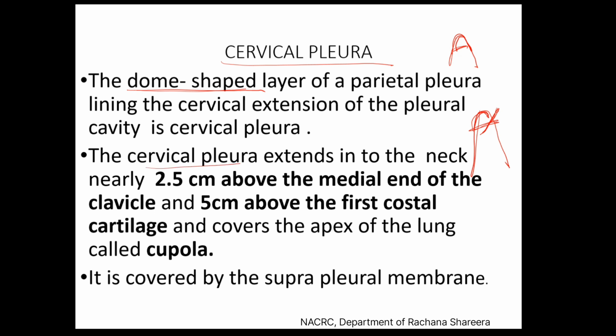The cervical pleura extends into the neck nearly 2.5 cm to the medial end of the clavicle and 5 cm above the first costal cartilage. It covers the apex of the lung. The apex of the lung we also call the cupula. It is covered by the suprapleural membrane.